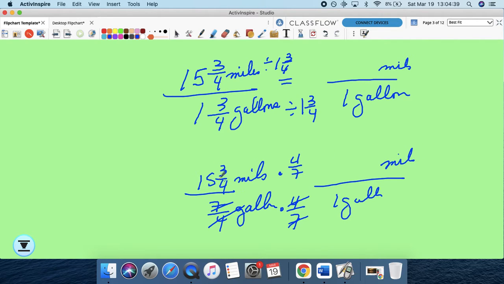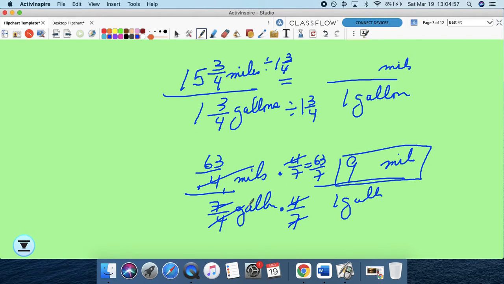And then here, I'm going to change this also to an improper fraction, so I get 4 times 15, 60, 63/4. So if I multiply these, I get 63/7, which is the same thing as 9. So it's 9 miles with 1 gallon.